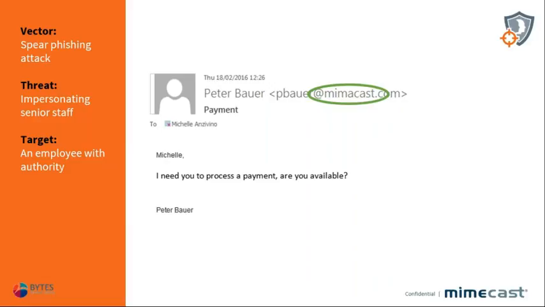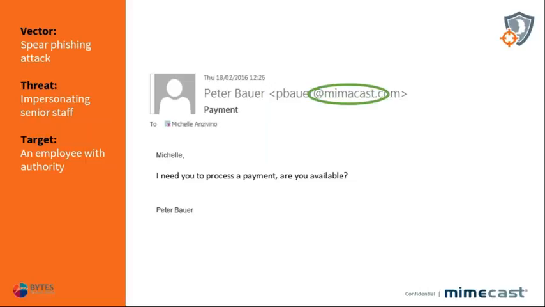Now, the interesting thing here is Michelle Lanzavino was Peter Bauer's executive assistant, his PA. All she did was update her LinkedIn profile here. So somebody's watching Peter Bauer's LinkedIn and seeing who he's connected to, what he's saying, how he's saying it. And all Michelle did was update her profile to say, hey, I now work at Mimecast, I'm the executive assistant.